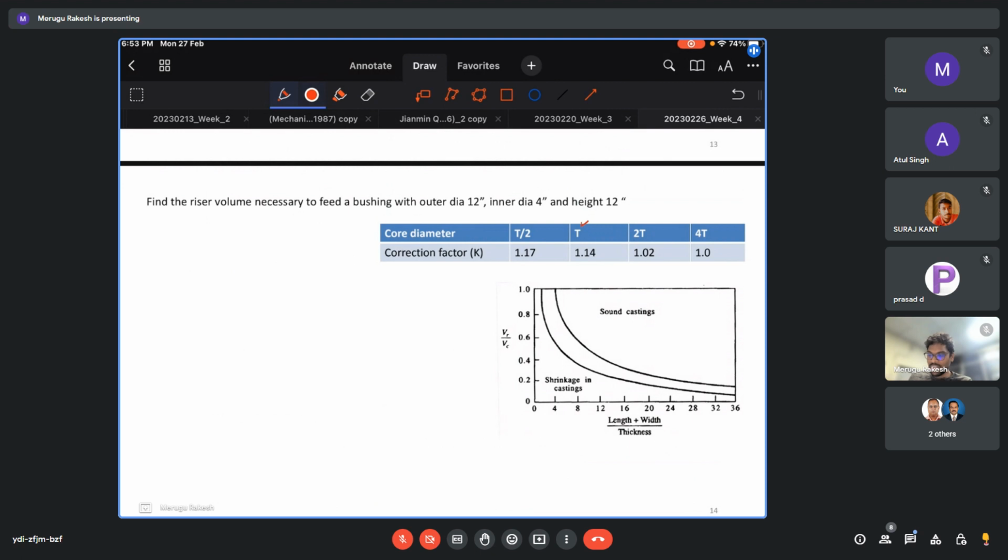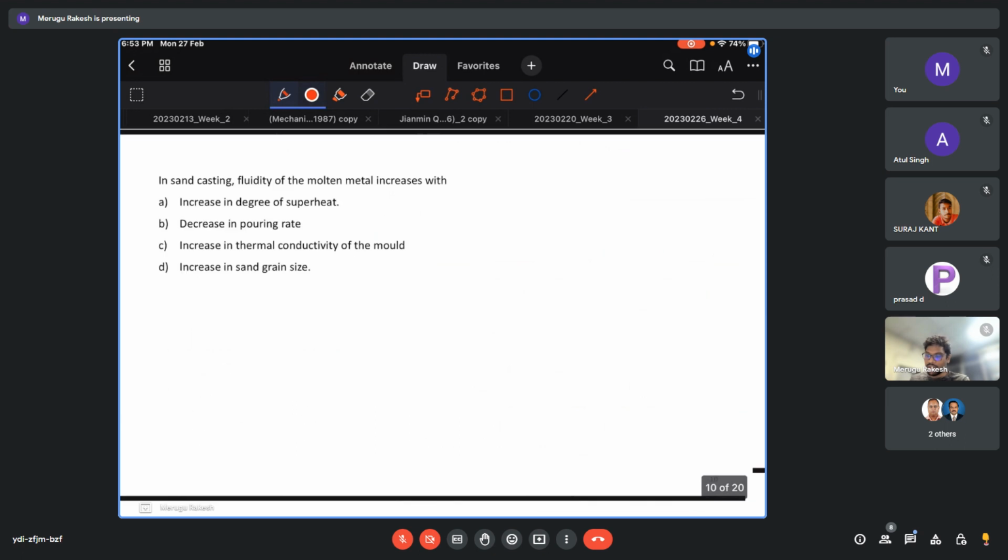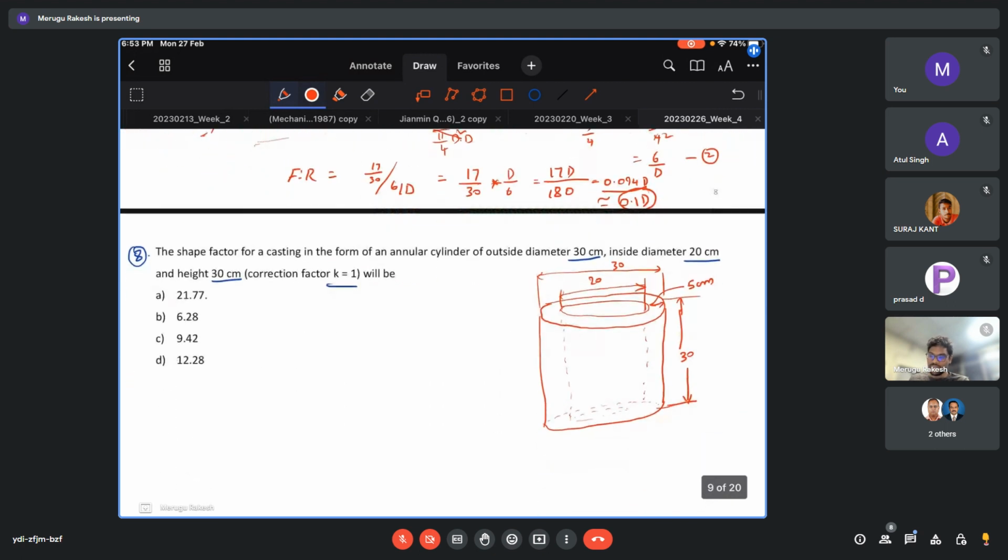If it is 4 times t, it is 2 times t. We have different correction factors, but in this case they have given in the question itself that k is equal to 1. So we don't need to bother about anything, we can directly go ahead. So this correction factor will be multiplied for this thickness direction. So here it is 5, so 5 into 1 is 5 itself. Suppose it is some 1.5, 1.2, we have to multiply that to this thickness.